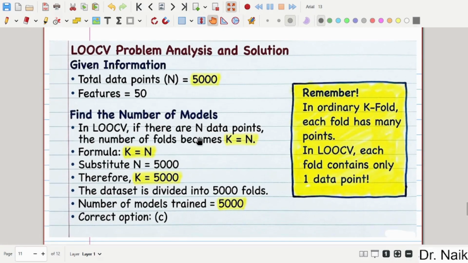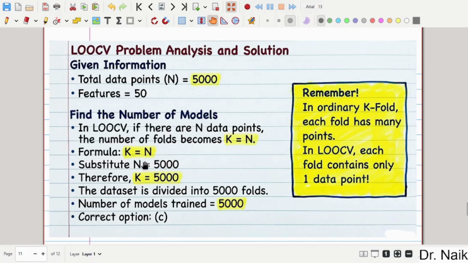In our question we have been given the total data points, capital N, as 5000 and the number of features as 80. In leave one out cross validation, if there are n data points, then the number of folds k is equal to n. So the formula is k is equal to n for leave one out cross validation, where n is given as 5000.